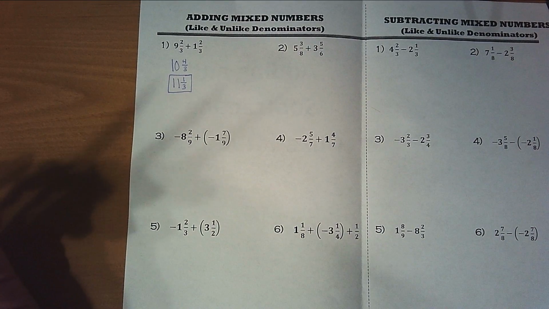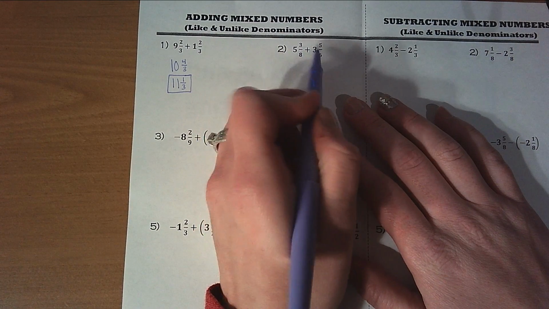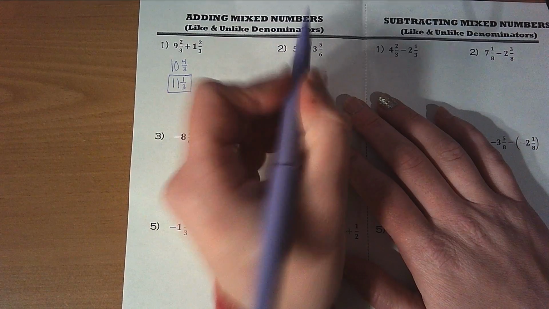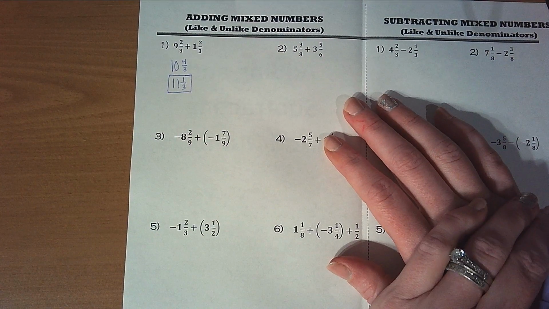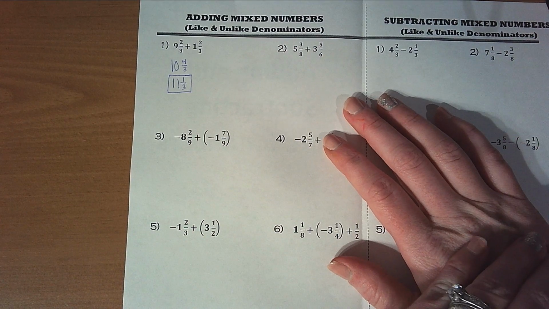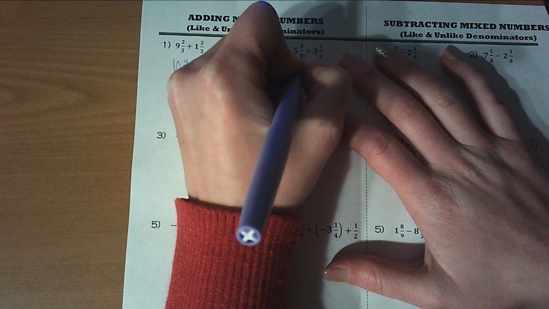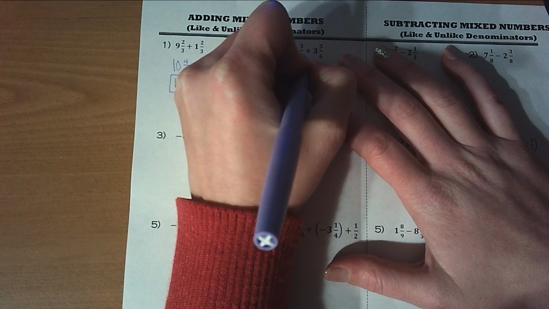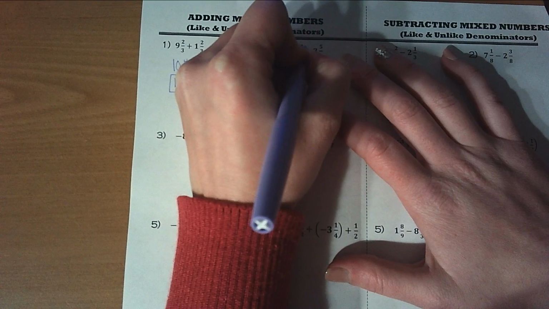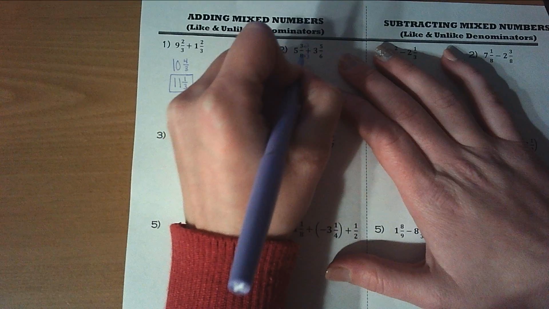On this next one, I've got 5 plus 3, which I know is 8. But then I've got fractions with unlike denominators. So I'm going to make the denominators the same before I do anything else. 8 and 6 have a common multiple of 24. So I'm going to multiply 8 times 3, and then 3 times 3.